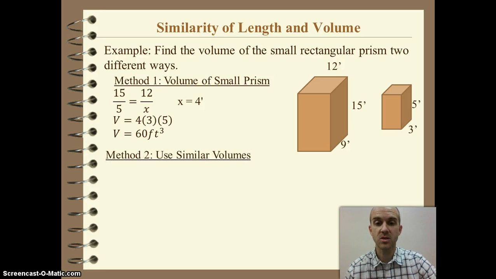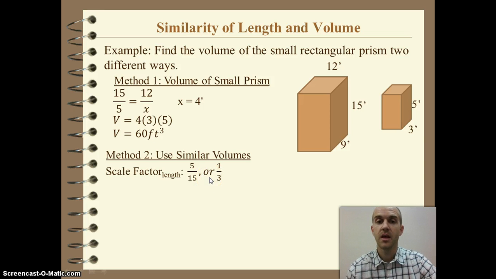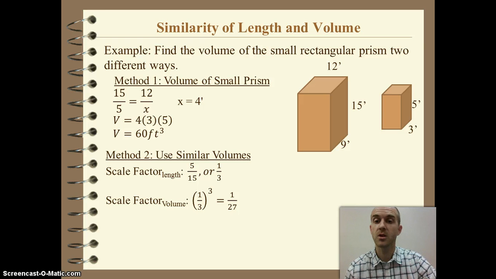The other way would be to use just the similar volumes with the scale factor. I know that the scale factor of the small compared to the large would be 5 to 15 or 3 to 9, whichever you want to use, but that's 1/3 for the lengths. To find the scale factor for the volumes, it's that 1/3 cubed. So 1 times 1 times 1 is 1, 3 times 3 times 3 is 27.